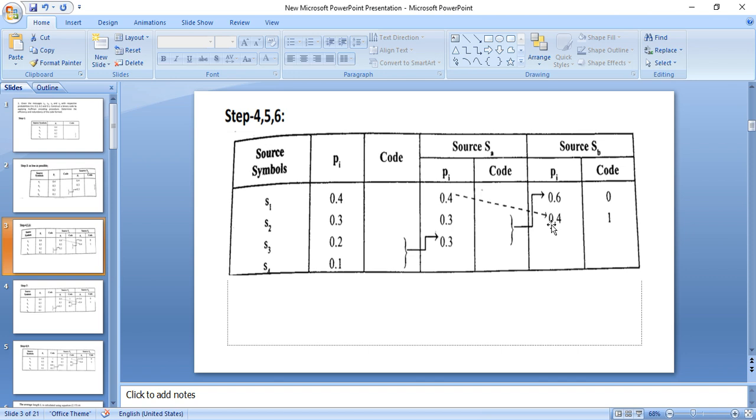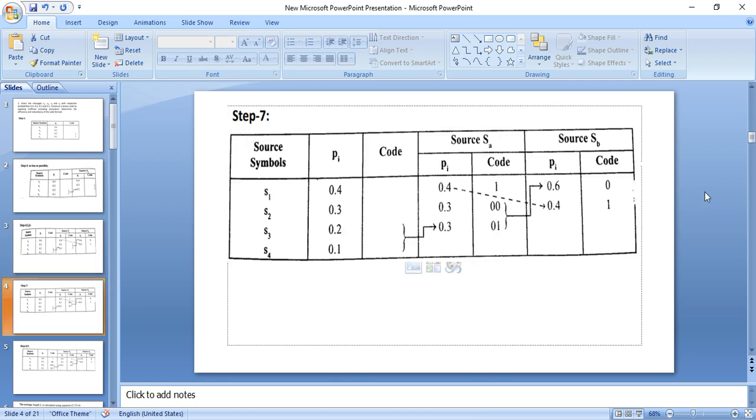Later it must be back propagated, going backward to put the codes for each and every probability. The 0 comes under 0.6, and 0.6 is the result of adding 0.3, so we propagate backward with the 0 values, but 0.4 keeps the code 1 throughout the table. So here it is given 0001.